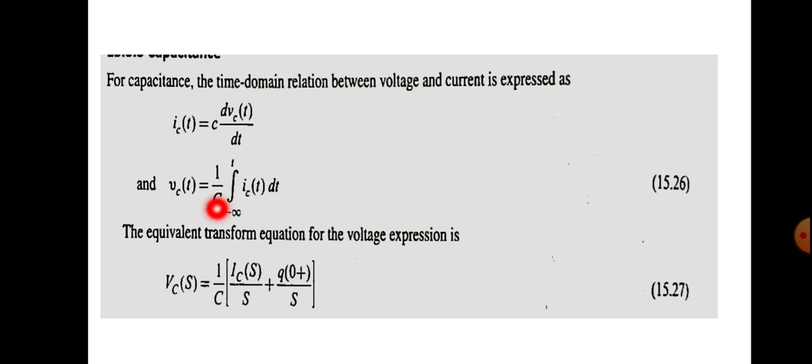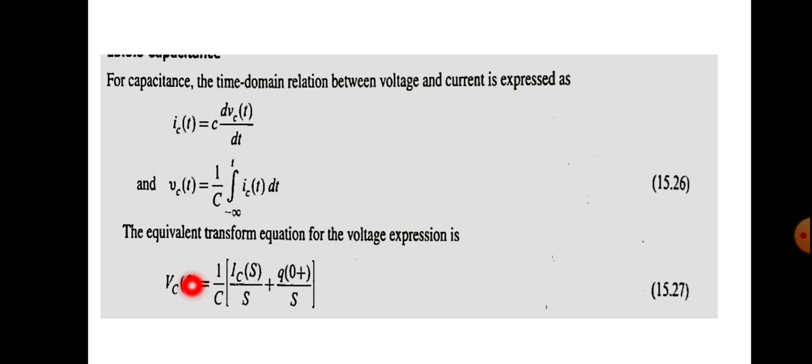So we get the S domain equation as Vc of s equals 1 by C, since C is a constant and can be taken outside, times IC of s divided by s plus Q of 0 plus divided by s. This is the Laplace transformed equation for the voltage in the case of a capacitor.